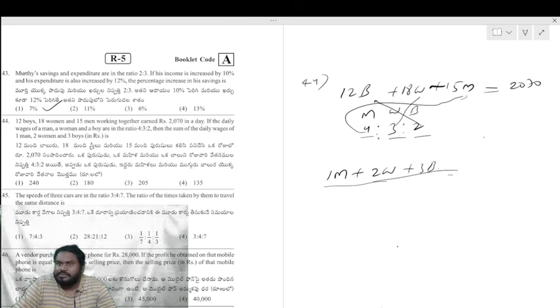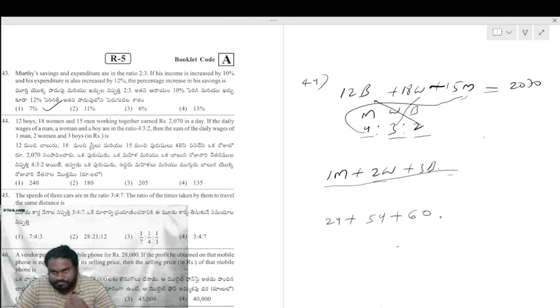Okay, so now I'm doing 12 2s are 24, plus 18 3s are 54, plus 4 is 16... so it is 138. 138 parts of work is equal to 2070.